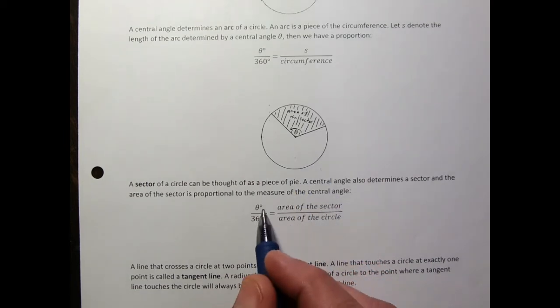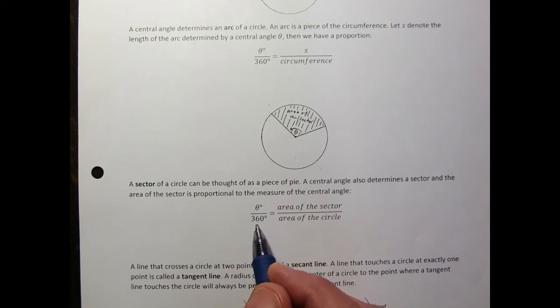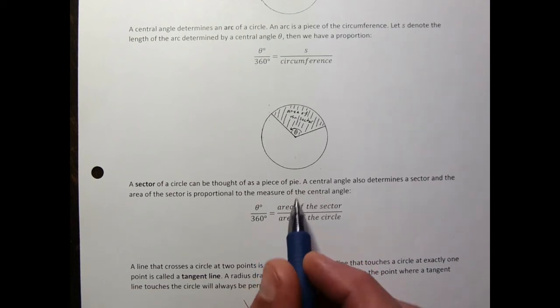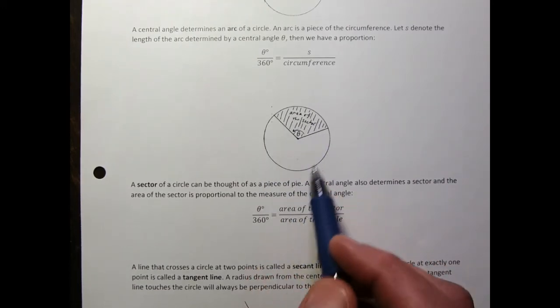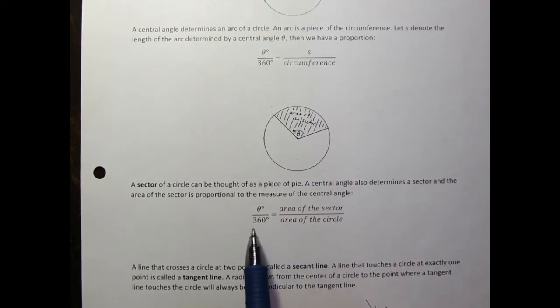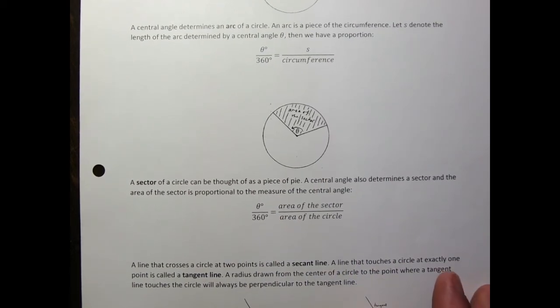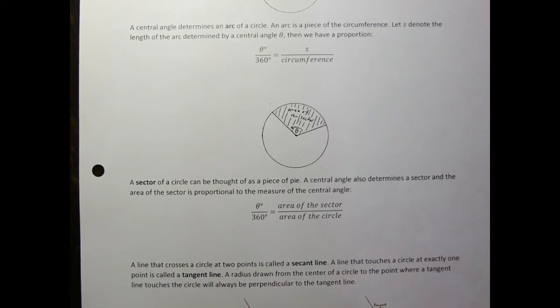And we can also use a proportion, theta degrees divided by full circle, 360 degrees. That ratio always has to equal the area of the sector determined by theta divided by the area of the whole circle. So this proportional relationship we can use to calculate areas of sectors and various other things.